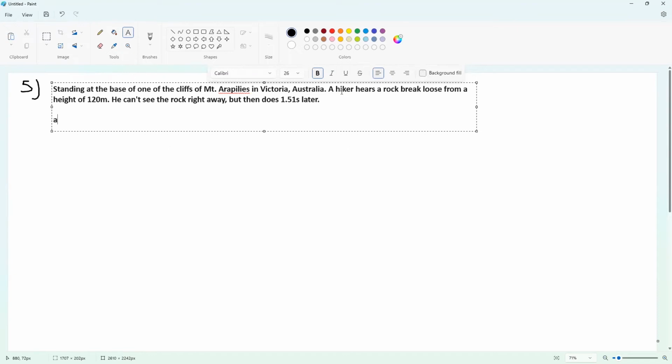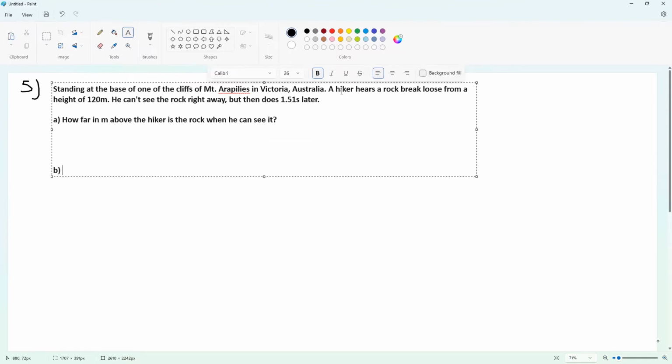Part A asks, how far in meters above the hiker is the rock when he can see it? And B, how much time in seconds does he have to move before the rock hits his head?